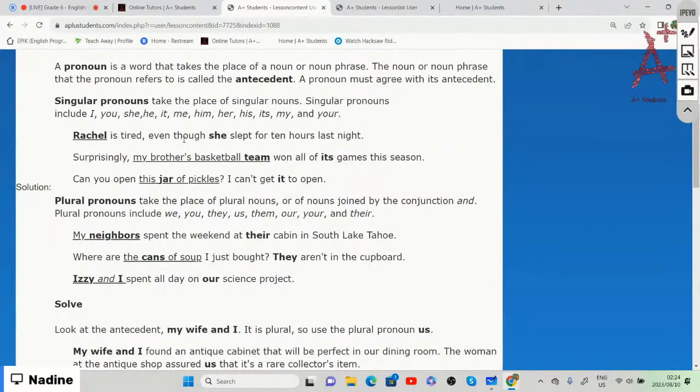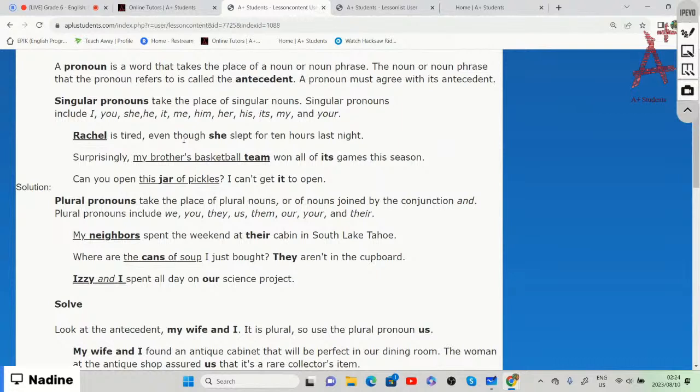A pronoun is a word that takes the place of a noun or noun phrase. And the noun or noun phrase the pronoun refers to is called the antecedent. And a pronoun must agree with its antecedent.